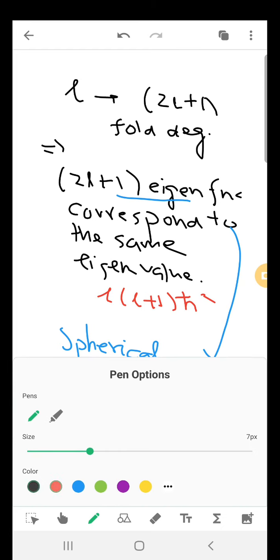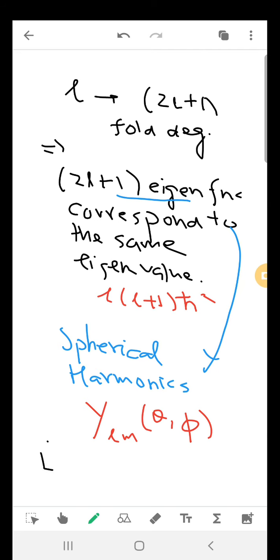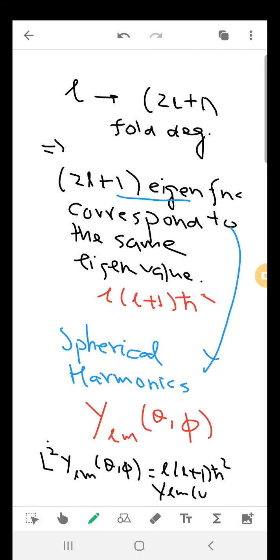So obviously we can write L squared Y_lm of theta phi equal to L into L plus 1 h cross squared Y_lm of theta phi.